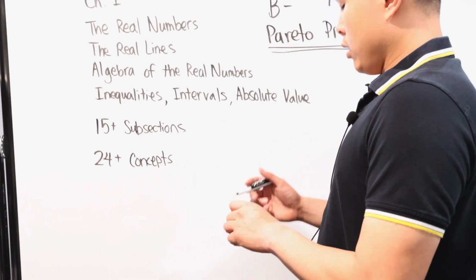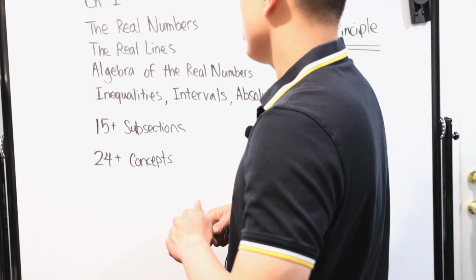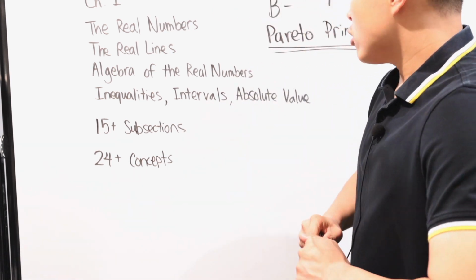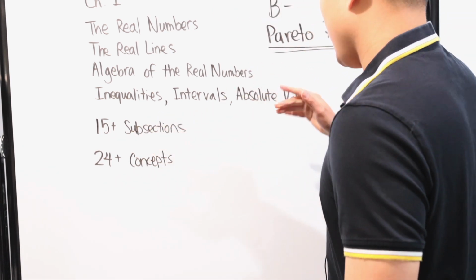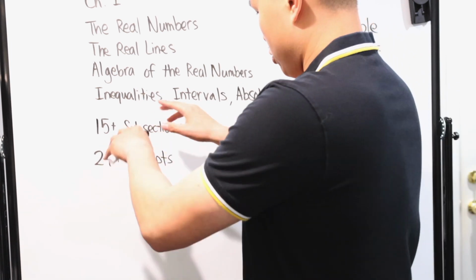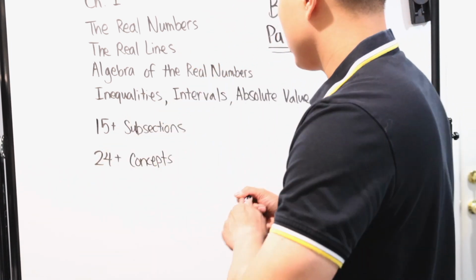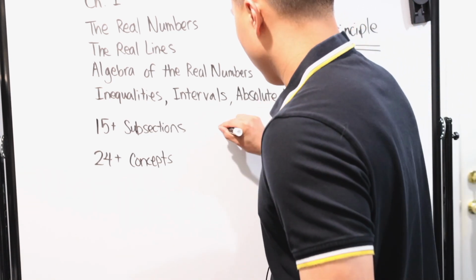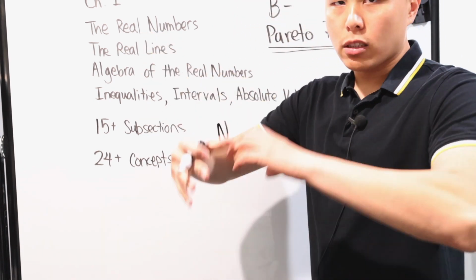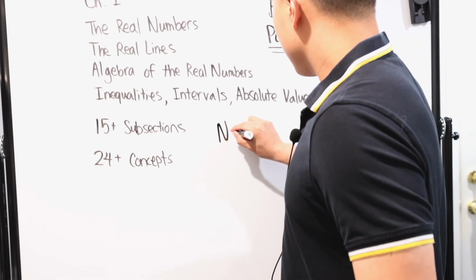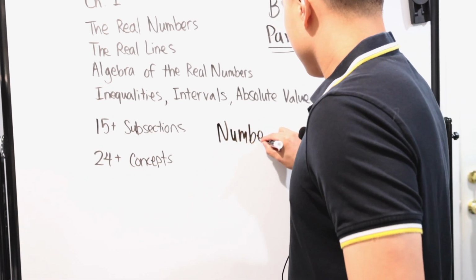So here's the thing. Let's think about all these concepts: the real numbers, real line, algebra of the real numbers, inequalities, intervals, and absolute values, and all these different subsections. Basically, what you're working with is number groups, right? So you have to understand different fundamental number groups, especially since they're talking about real, that's the most generalized form. So you have to understand number groups.